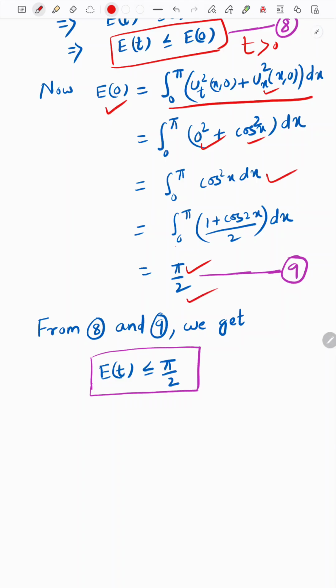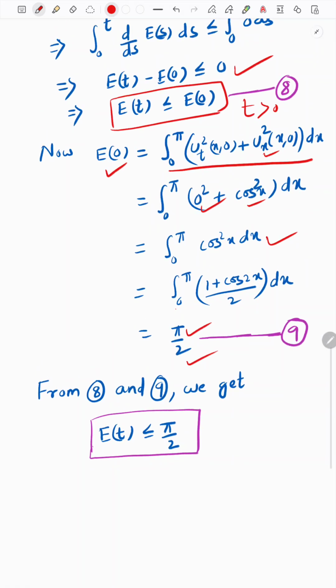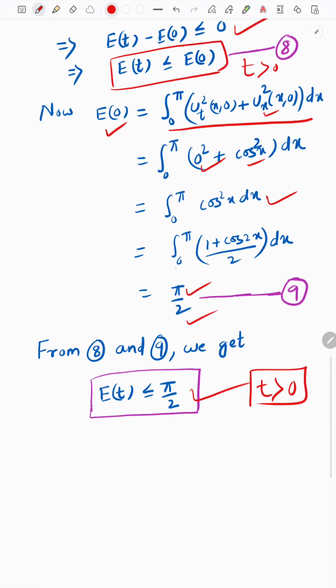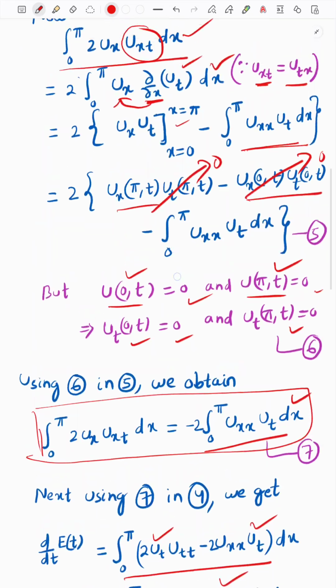So E(0) value is equal to pi by 2. This implies if you use equation 9 in equation 8, you will get E(t) less than or equal to pi by 2 for all t greater than 0. So finally we concluded that it is bounded by pi by 2.